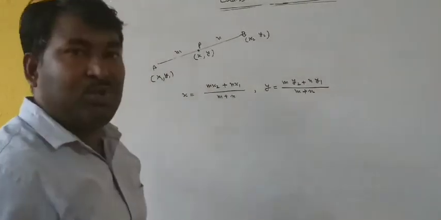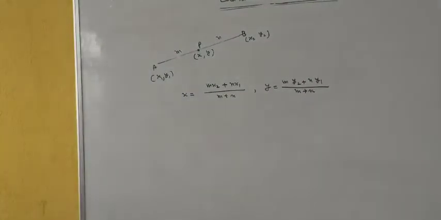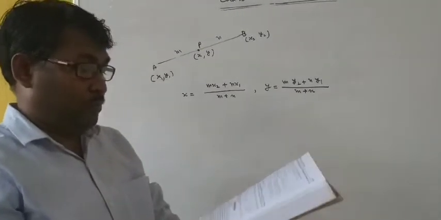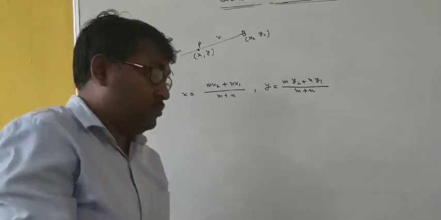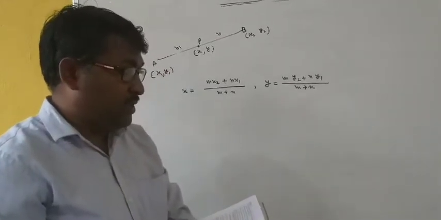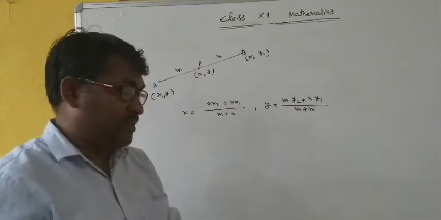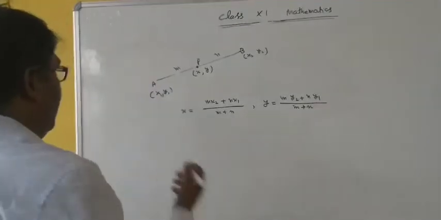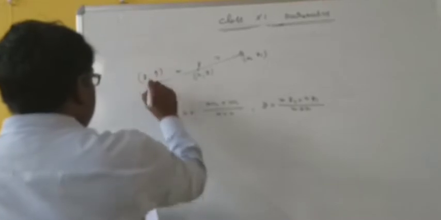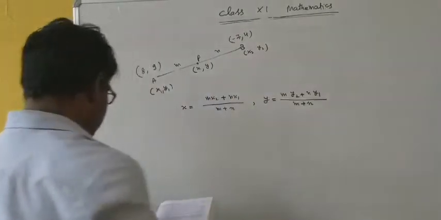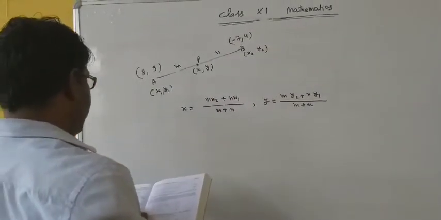Now let's see some of the numericals. Find the coordinate of the point which divides internally the line joining the points 8, 9 and -7, 4 in the ratio 2:3.